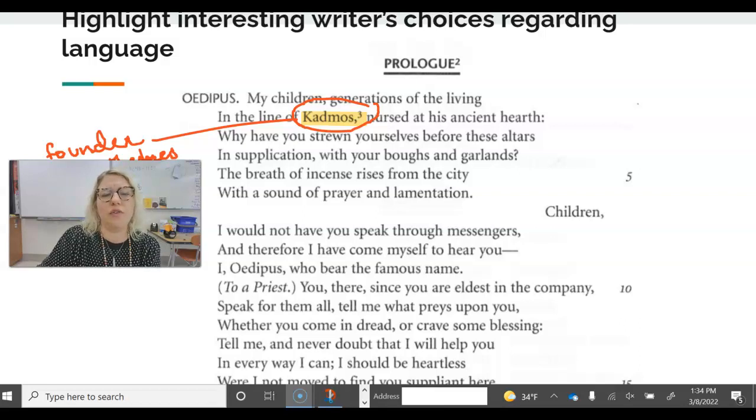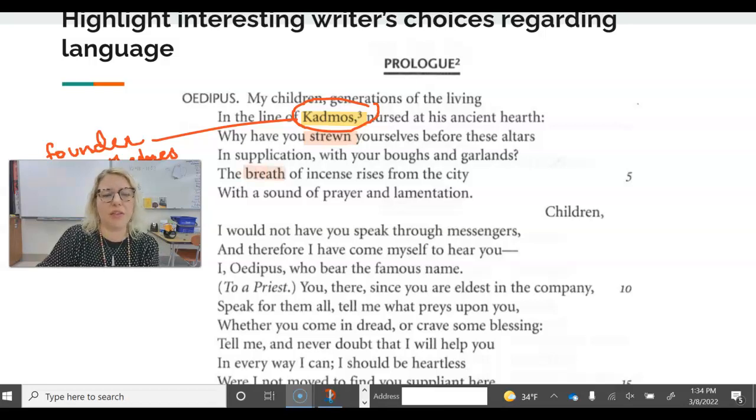I noticed this first in strewn. Why have you strewn yourselves before these altars? So the word strewn connotes flowers or other such objects being thrown down. But here we have humans who have strewn themselves before the altars.